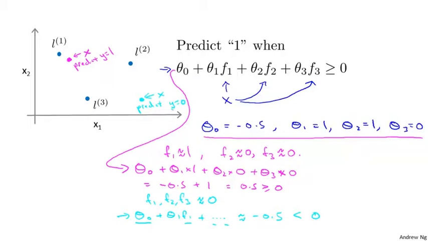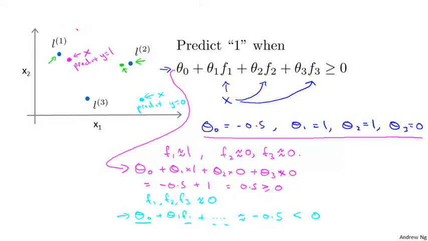And if you do this yourself for a range of different points, you should convince yourself that if you have a training example that's close to L2, say, then at this point, we'll also predict y equals 1. And in fact, if you look around this space, we'll find that for points near L1 and L2, we end up predicting positive, and for points far away from these two landmarks, we end up predicting that y is equal to 0.